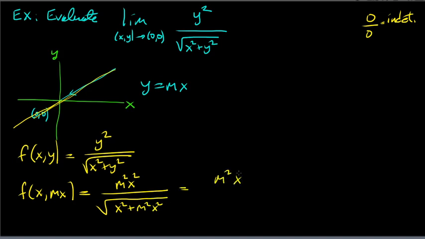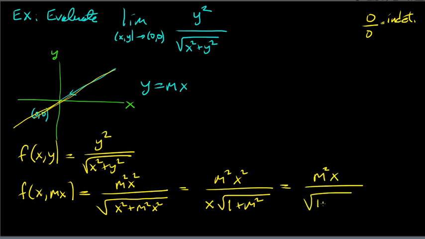And so what happens here is you can factor out the x squared. So you just get x. Technically, it's the absolute value of x, but I don't think that's going to matter in this case. In particular, one of the x's will cancel. So you just get m squared times x over the square root of 1 plus m squared.